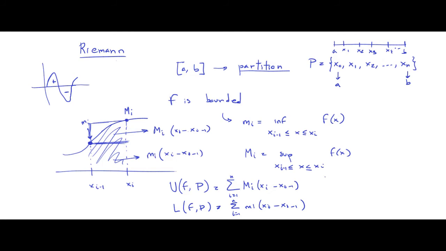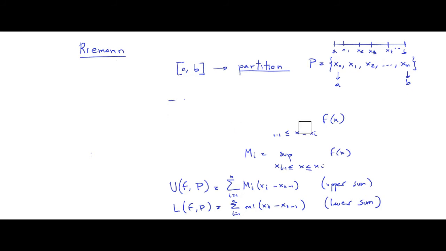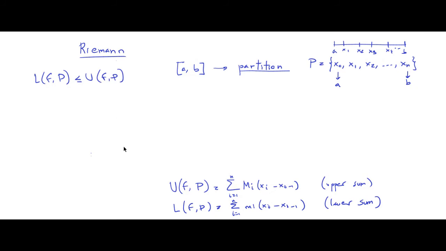So this, remember, is called the upper sum, and this is called the lower sum. Okay, so it's obvious that the lower sum is always going to be smaller or equal than the upper sum, right?